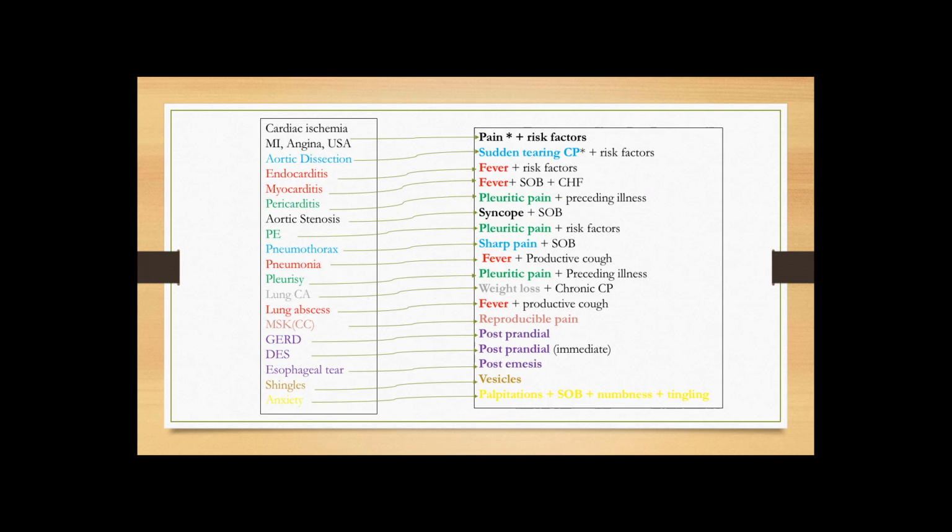This is just a snapshot to give an overall picture of the causes and diseases of chest pain. This is a very high level slide that shows high yield findings and the most significant symptoms and chief complaints associated with chest pain across these different diseases.